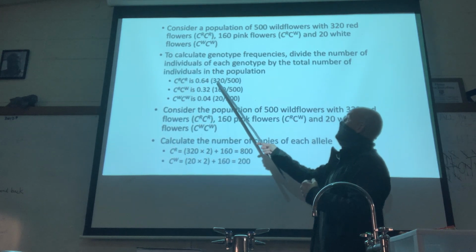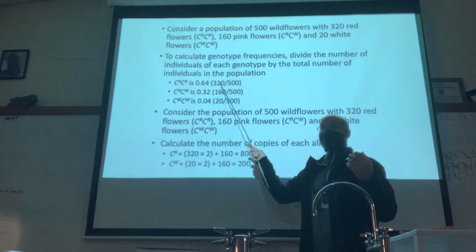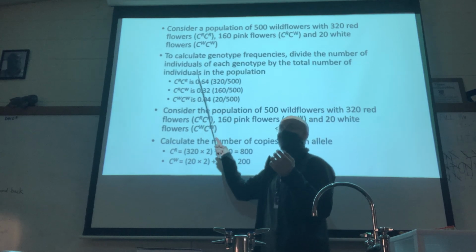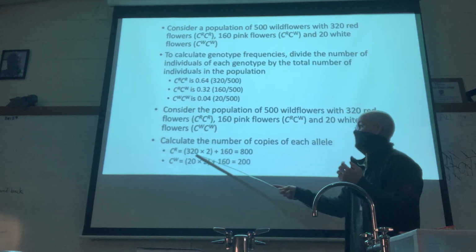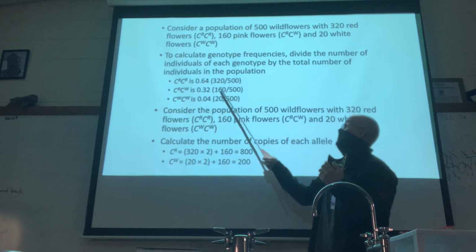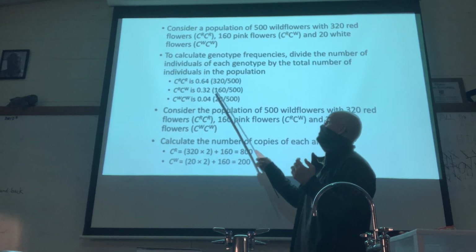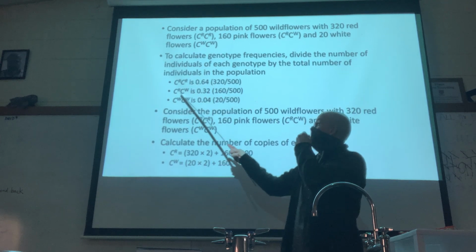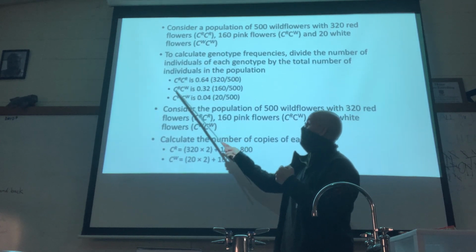So if we have 320 individuals that are red, that's 320 individuals that have 2 reds. So 2 times 320, plus we have 160 heterozygotes. One of their alleles is red. So 160 of them, they have 1 red each.